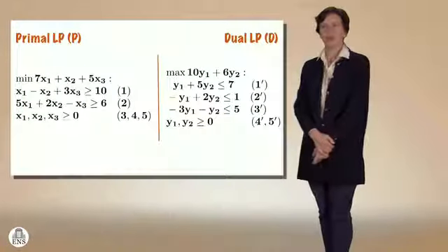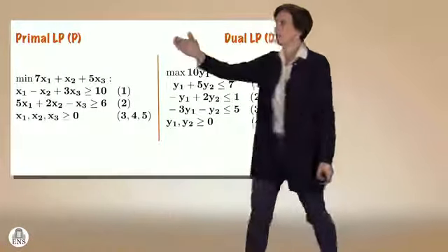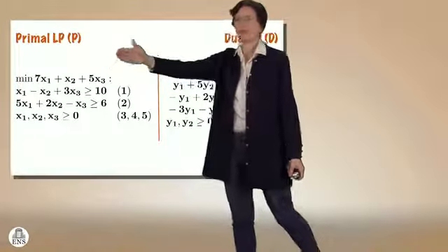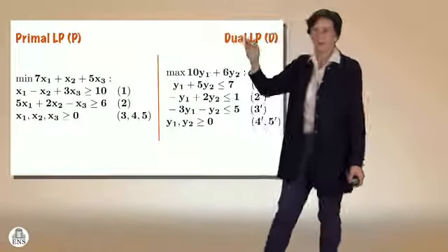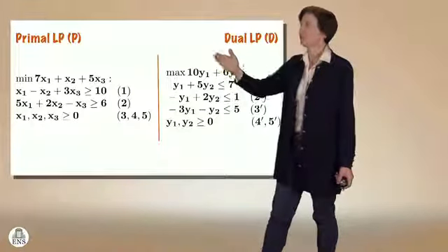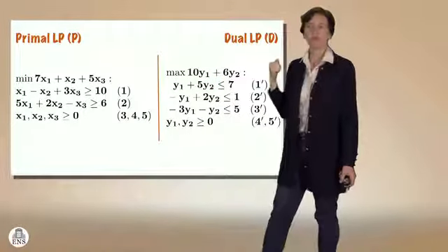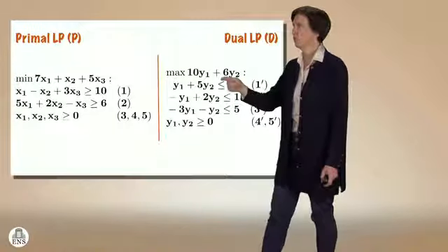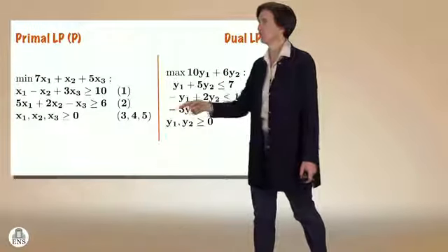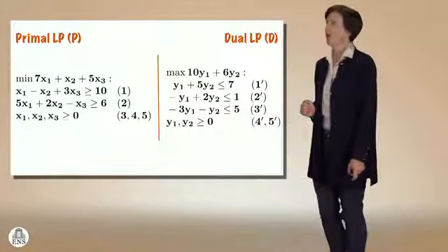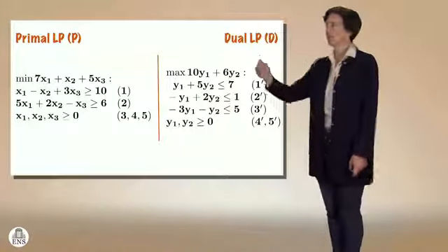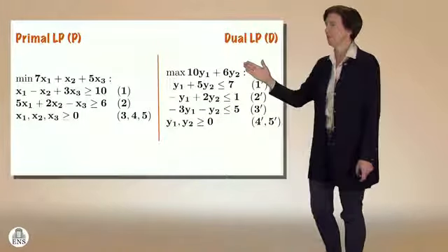So that's what we've done. We've taken the primal LP. We've looked at what kind of lower bounds we could get. We wrote this as a linear program, and this is the dual linear program. Notice this minus 3 here should be a plus 3. This is a typo. Okay, so that's duality by example.